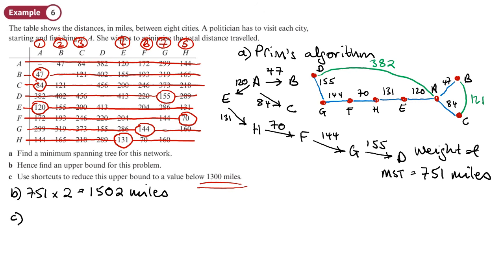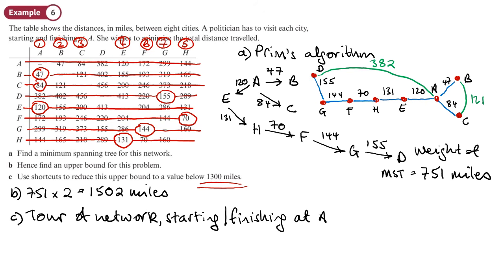So we really need to write down what our tour is. So the tour is what's going to start at A, take us all the way around to all of the vertices and then back to A. So tour of network starting and finishing at A. So one possible route would be A, E, H, F, G, back, and then D back to A, and then A, C, B. So we'll just write that down.